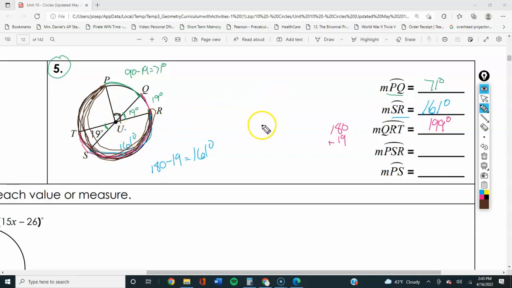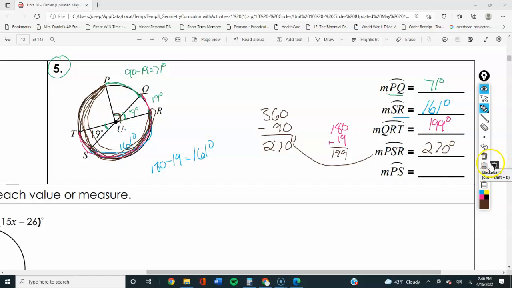So for PSR, the whole thing is 360. So for PSR, I'm going to do 360 minus 90. Get 270. Now I could have added 90 plus 180 using that half circle and that 90-degree one, but I'm not. I'm just going to do 360 minus 90, which is 270.